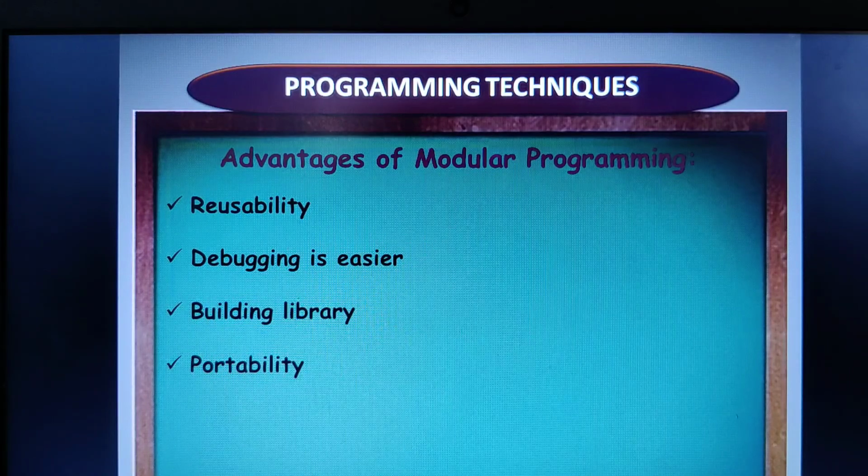Therefore, it easily helps us port the program we have written and execute it with little or no modification. For example, a program written in C can be executed in C++, because the built-in or library functions used in C are common with C++, irrespective of the operating system you use, whether Windows or Unix. They support any kind of library functions, so you can easily port the same program to another platform and run it.